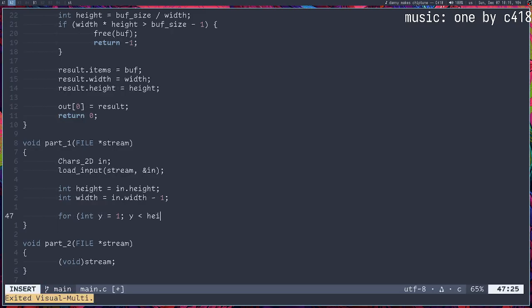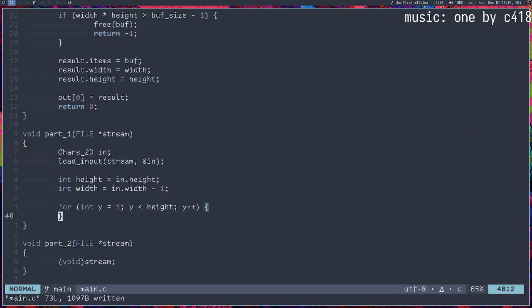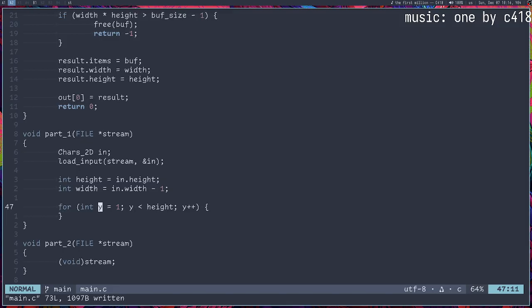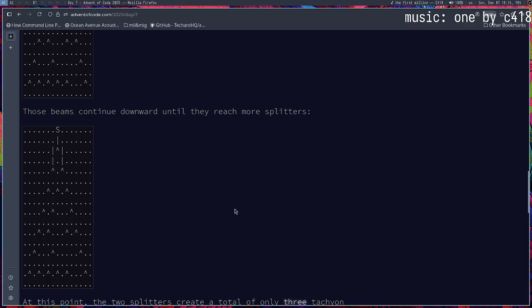Yeah. So no, wait. Let's first find the s and put a line like this under it.